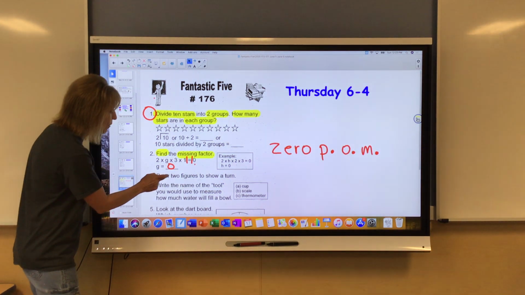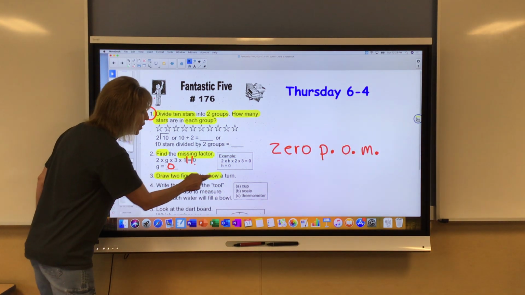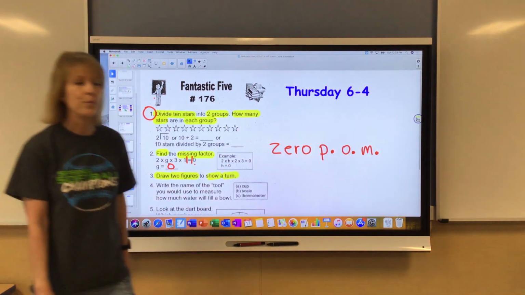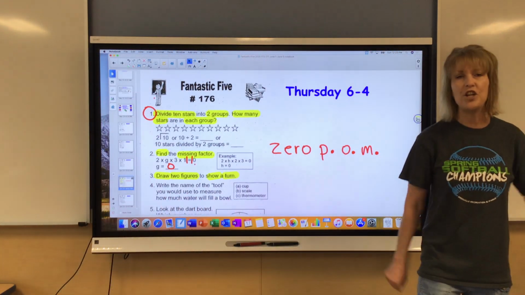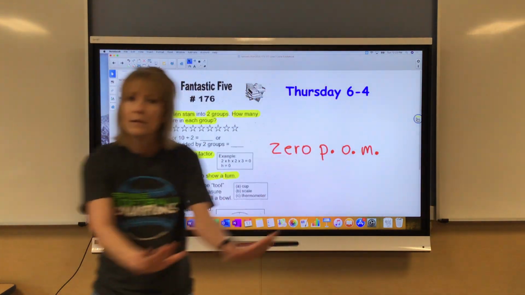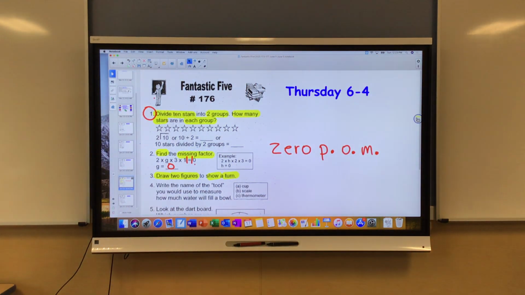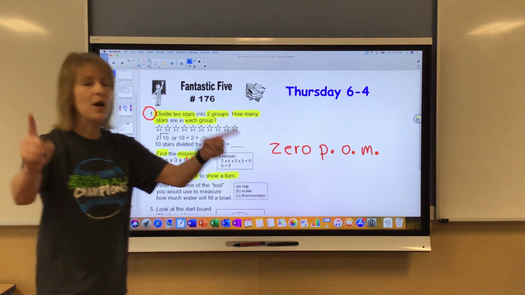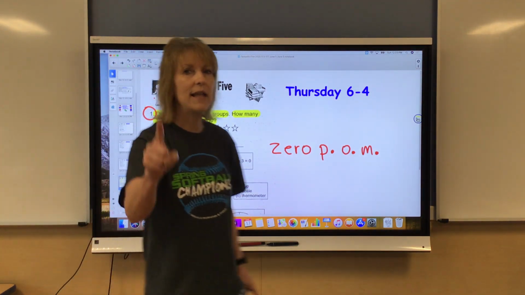Love it. Now, draw 2 figures to show a turn. We know this goes with geometry. We know I can have a slide, which is also called a translation.